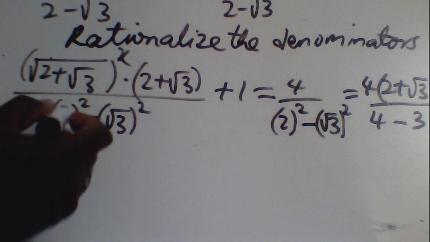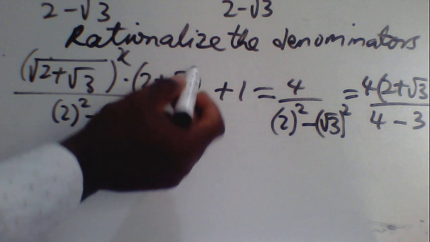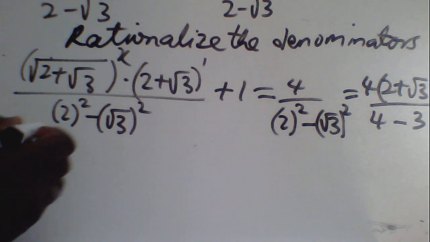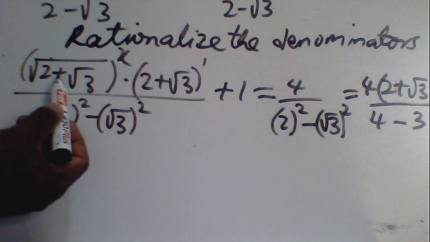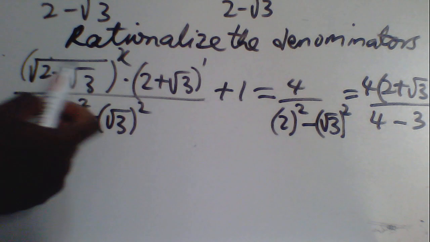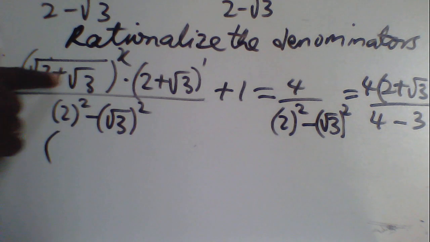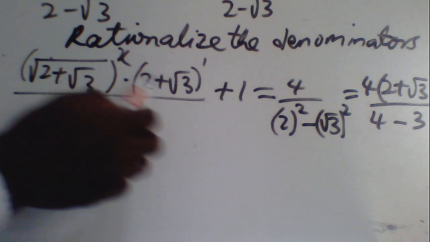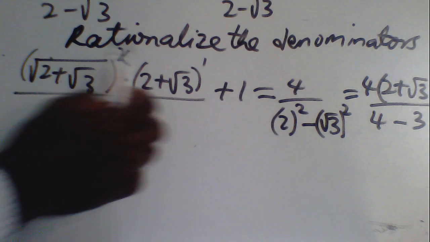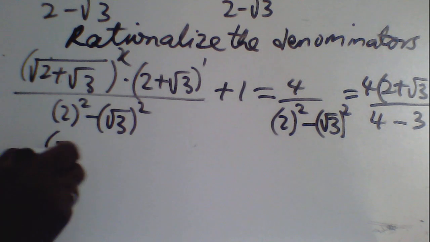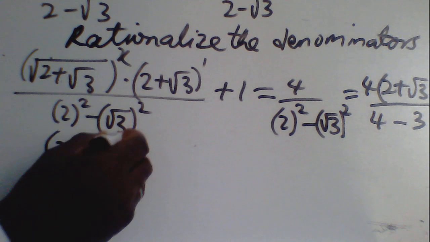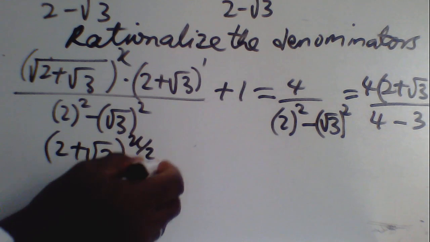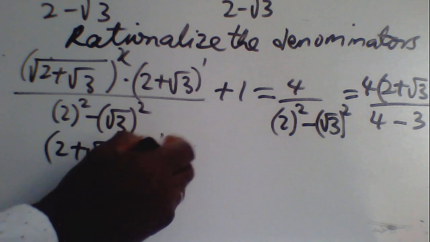So from here we have what? Here it has a power of 1. So we have the radicands the same, or rather the terms in the square root and the term here are the same. So what I have is (2 + √3) raised to the power x divided by 2 plus what? 1.